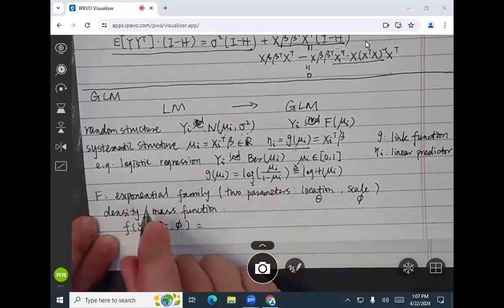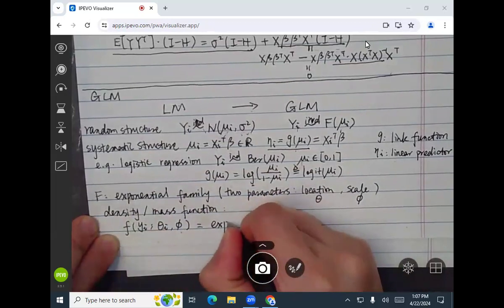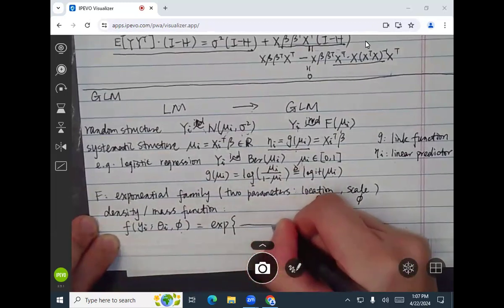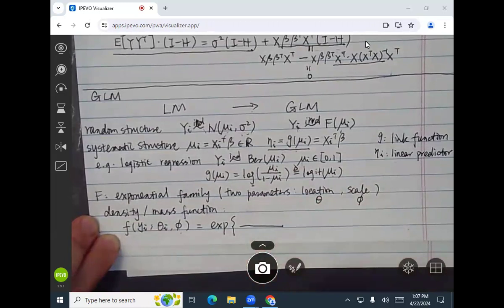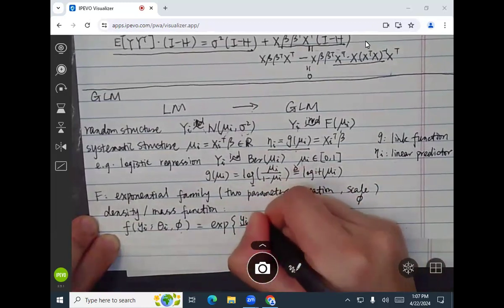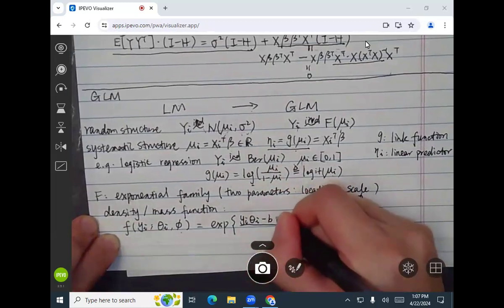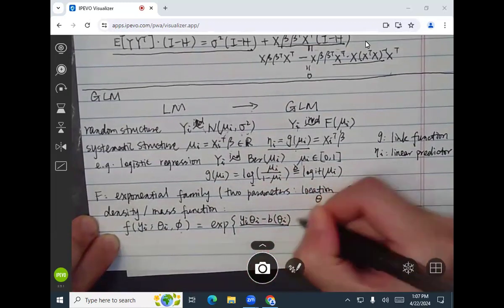It's by the name exponential. It is an exponential function for the density. And inside the exponential function, there are two terms. The first term is a ratio: yi theta i minus some b function, where b is a function applied to theta i.